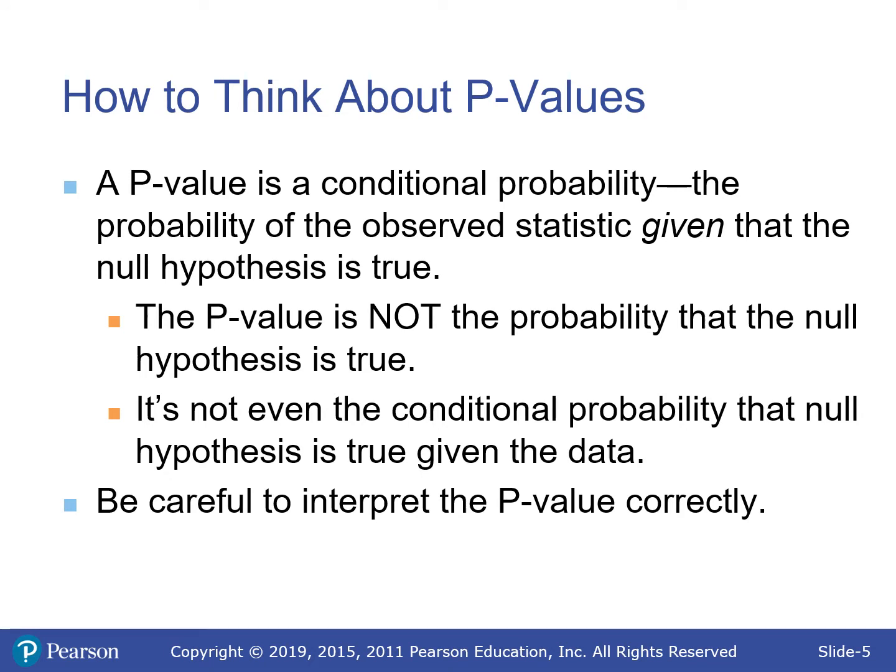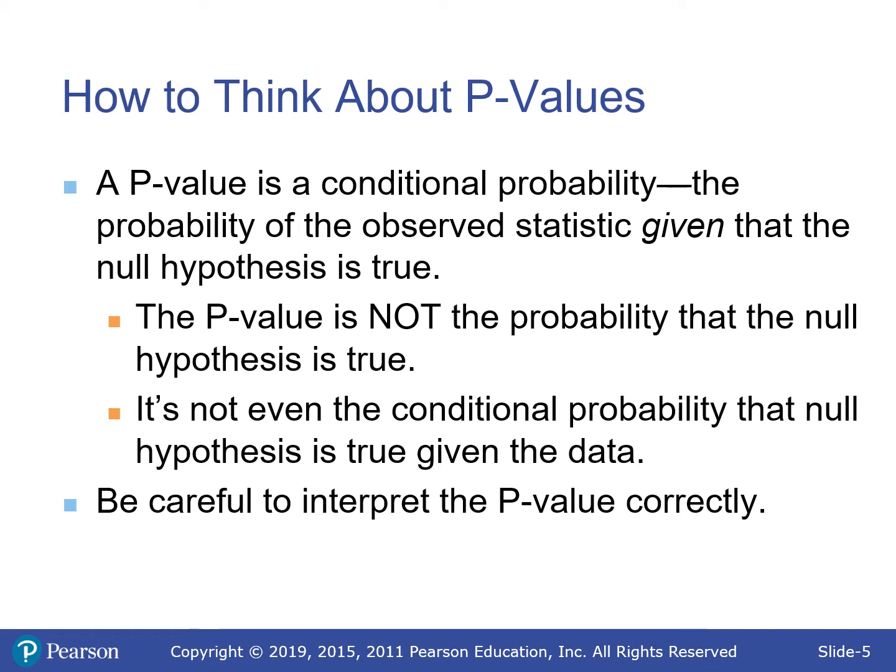So the p-value is the probability of getting what you got, given that the null hypothesis is true. It's not the probability that the null hypothesis is true. It's very similar to that, and stating it that way is very tempting, but it's not quite correct.